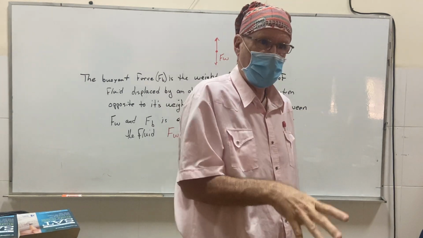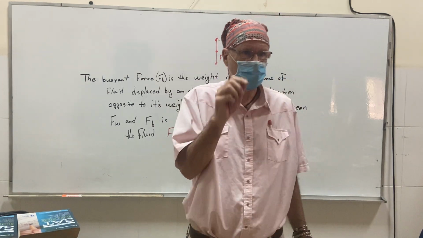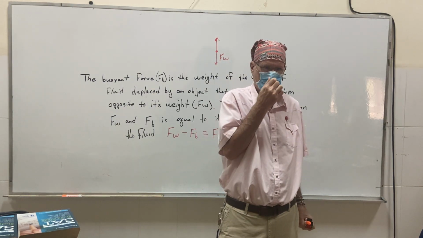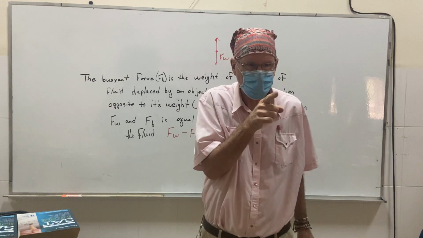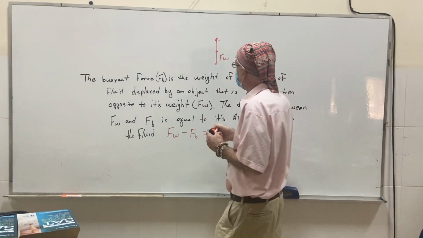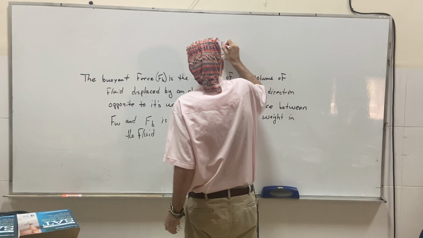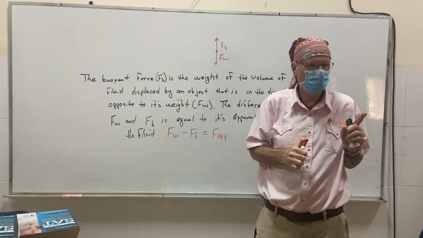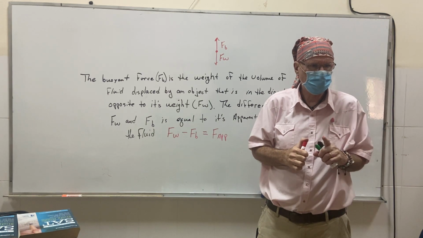Yes. So the weight of the object is always towards the center of the earth, just like always, right? But now you have something called the buoyant force, which acts contrary to that. It acts contrary to the weight.